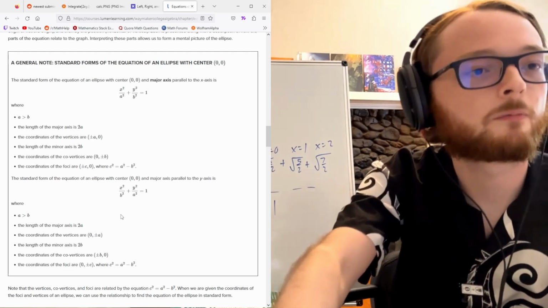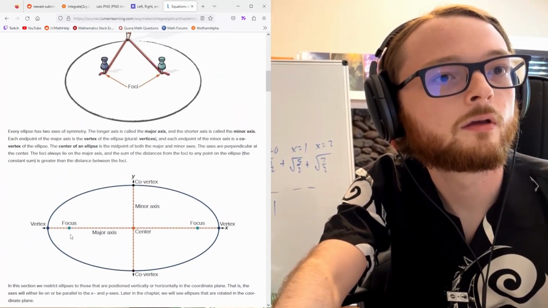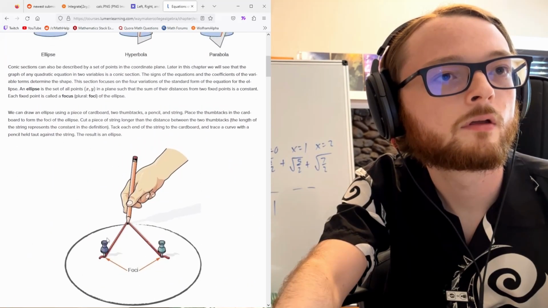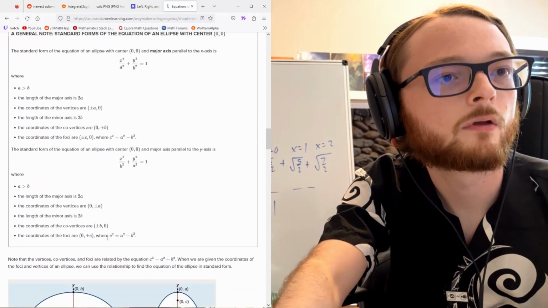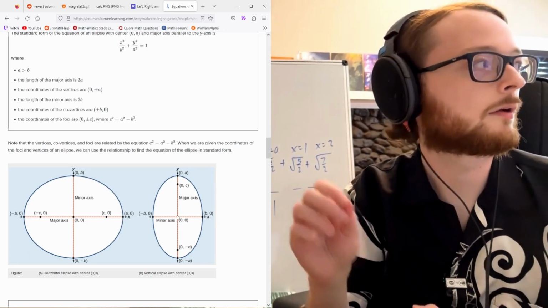Shoot, and then I need to figure out the major and minor axis thing. Oh yeah, okay. So in this case, it's going to be an ellipse that's up and down.